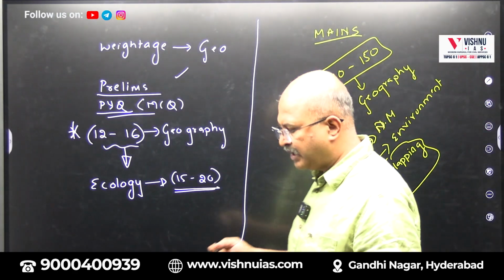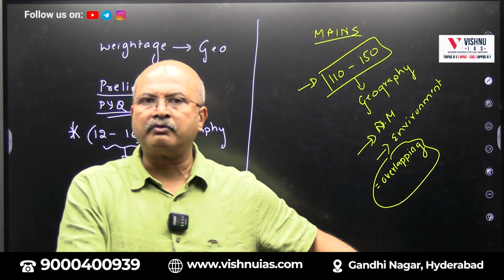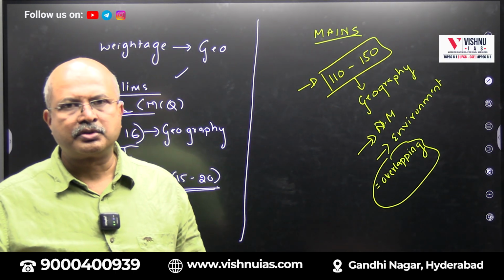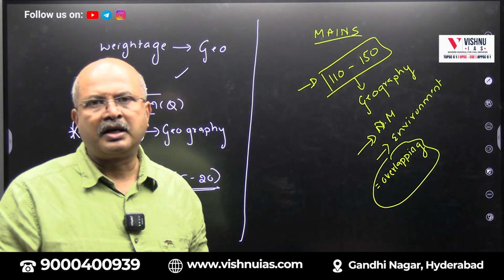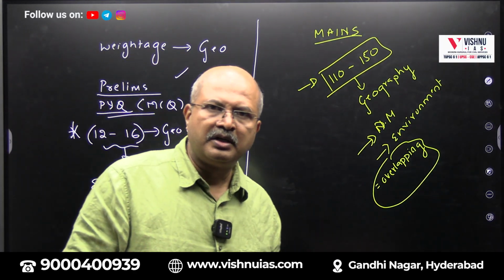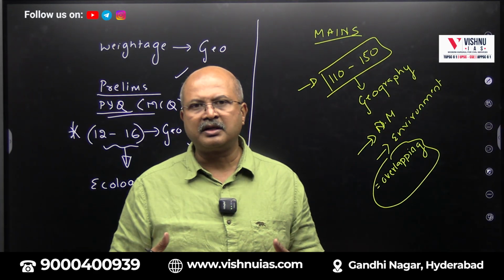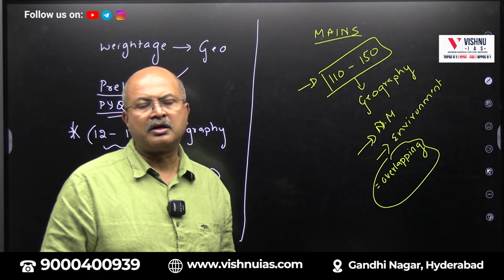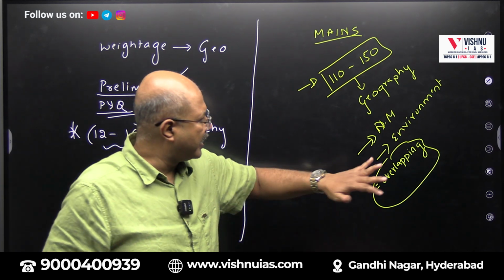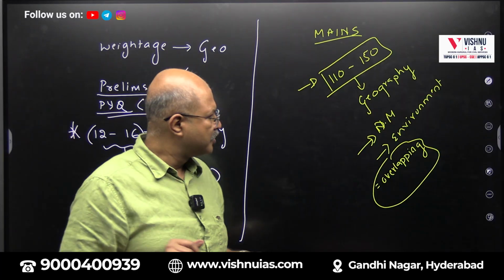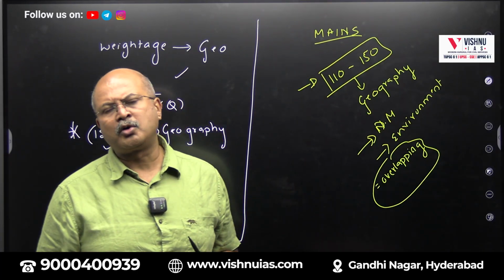If you are reading about energy resources, geography will be there. For renewable energy resources, we talk about solar energy, geothermal energy, the International Thermonuclear Experimental Reactor. All those data and concepts you will find in geography, which will help you in writing the mains. So there is a good amount of overlapping.